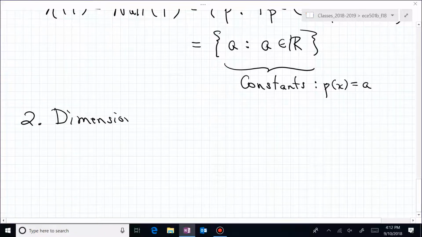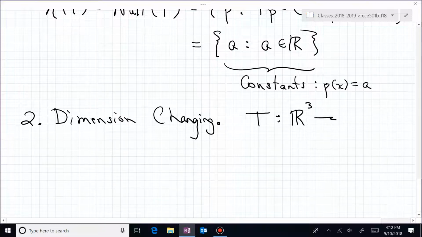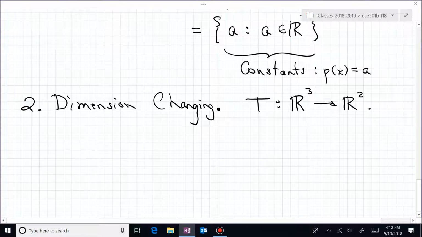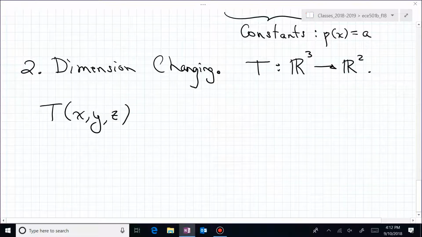Let's now, and I'm not going to change dimensions. Here's another, but this is an operator that we will use, dimension changing operators or linear maps. And suppose now that a dimension changing map T is such that we go from R3 to R2. Here's a linear map that goes from a three-dimensional real vector into a two-dimensional real vector. As an example, suppose we now have those three coordinates in the input vector space capital V denoted by x, y, and z.